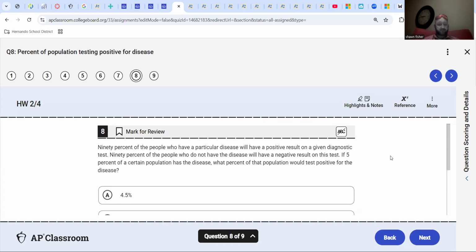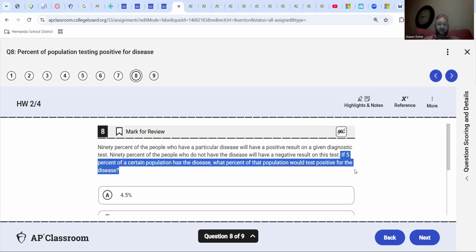All right. This is another one. This one, I think, it's written kind of backwards. Start it right here. If 5% of a certain population has the disease, right? Start your tree diagram from there.